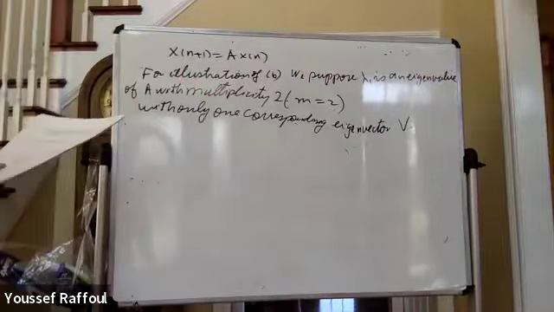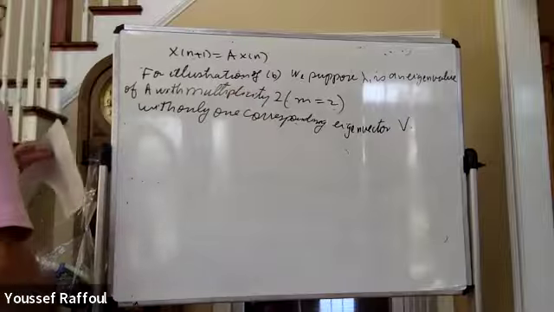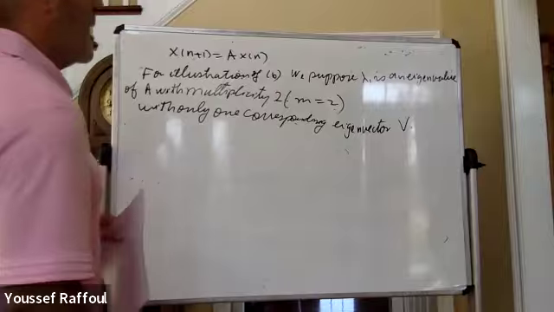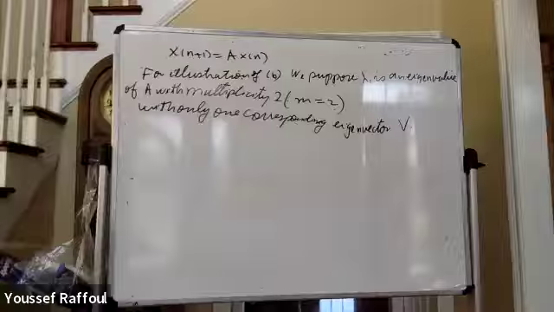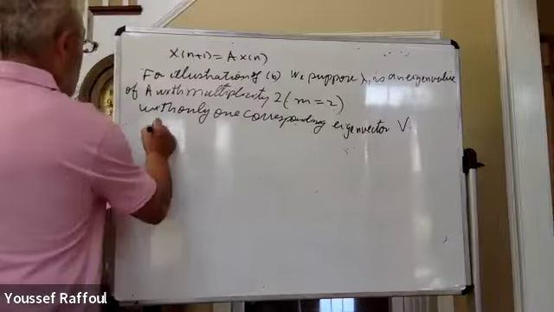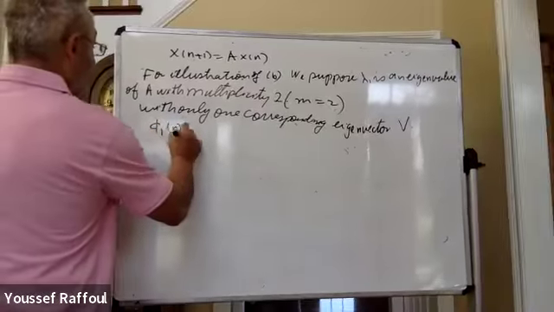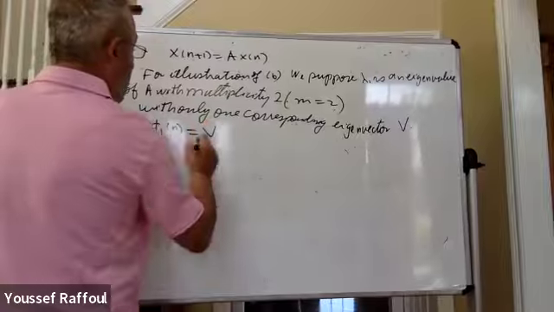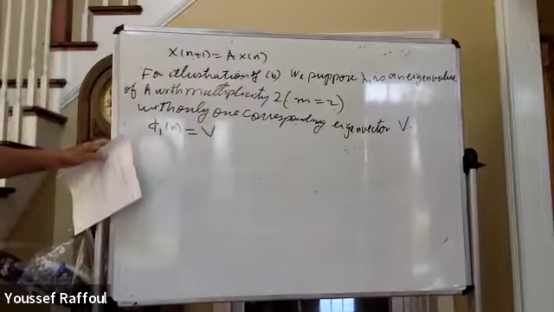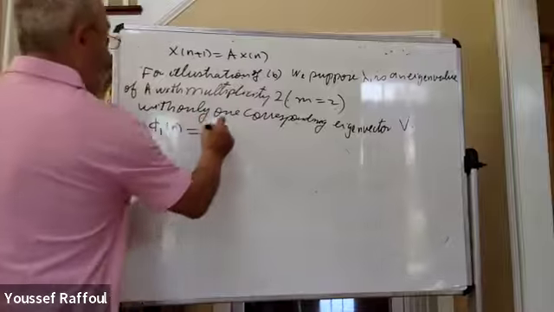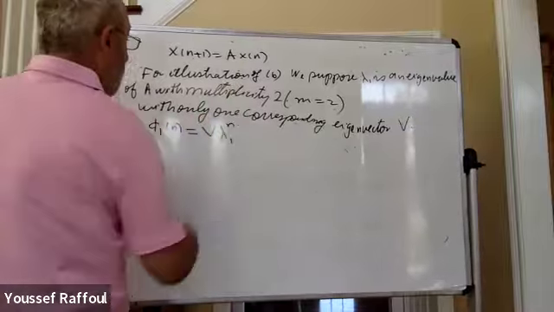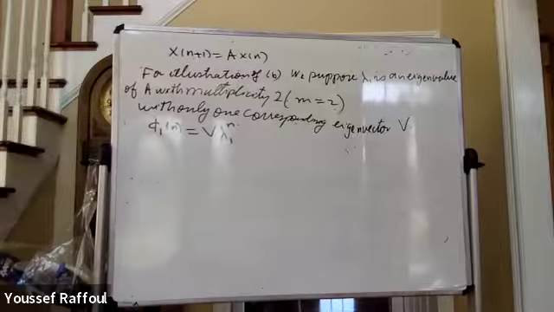So let's assume we suppose lambda 1. So we know then phi 1 of n is equal to V lambda 1 to the n. All right?